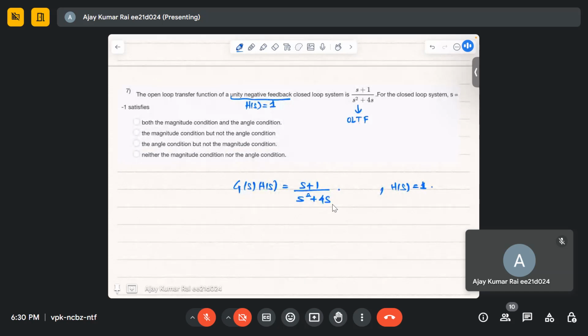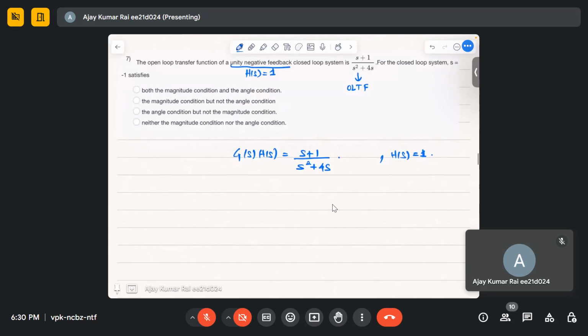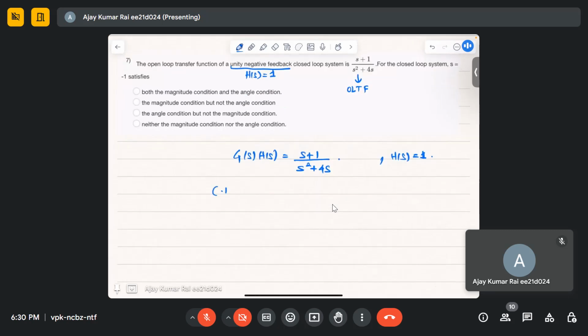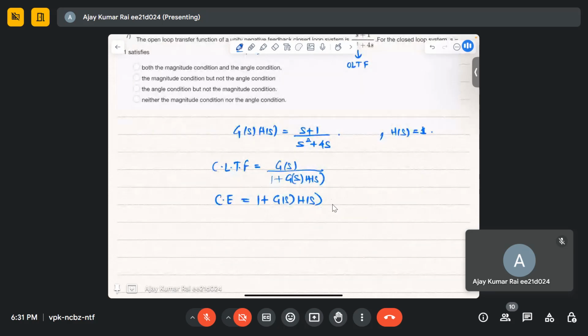So if you look at the options, we have to find out which condition it satisfies, magnitude condition or the angle condition. You know the closed loop transfer function, and the characteristic equation is 1 plus GsHs equal to 0. The roots of this are the closed loop poles, right?